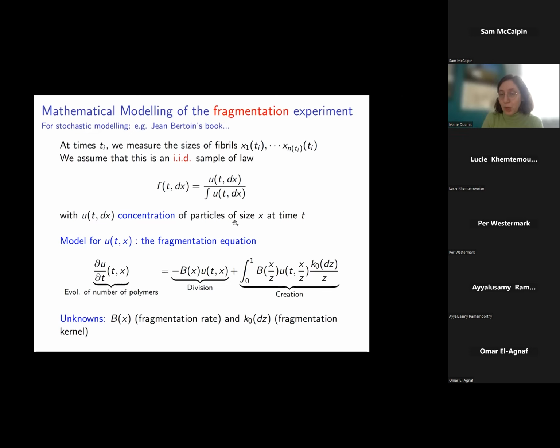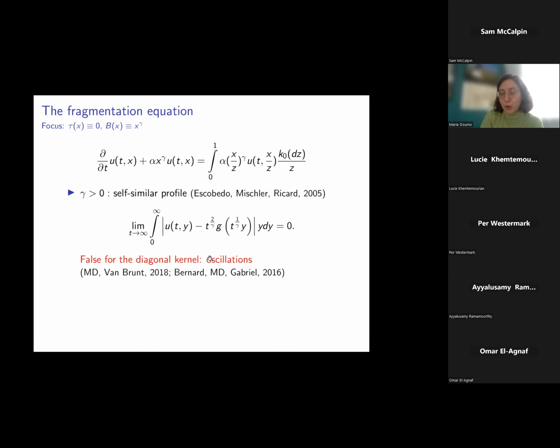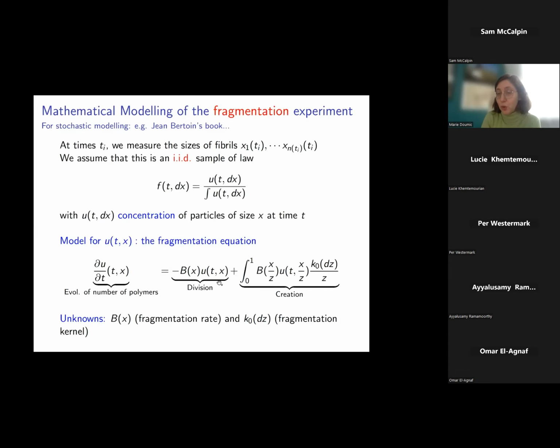We know what we observe. We observe a kind of noisy version of the solution, the concentration of particles of size X at time t. We can assume that we observe that. And we want to estimate the parameters of the equation, which are precisely the fragmentation rate, B of X, and what we call the fragmentation kernel, K0 of dz.